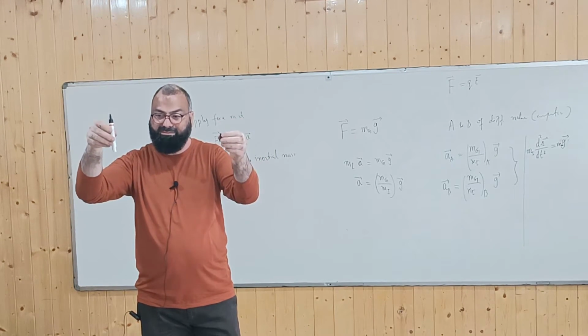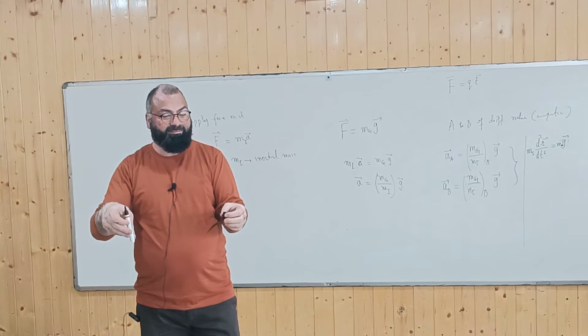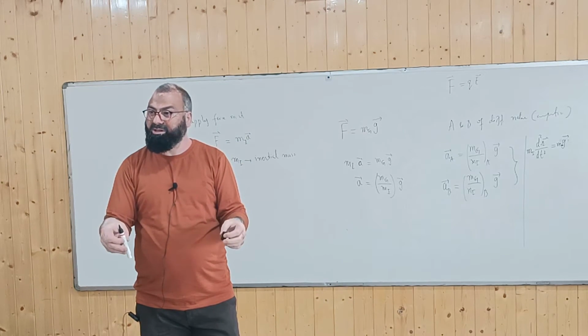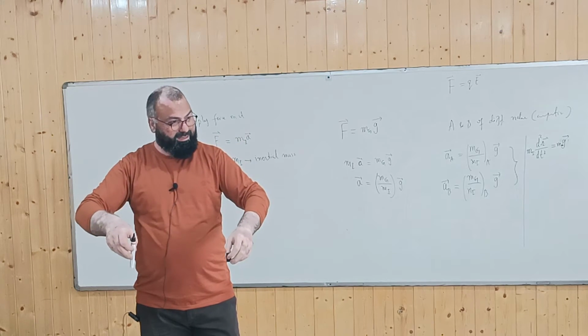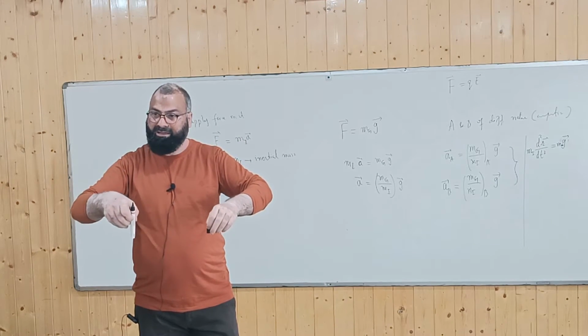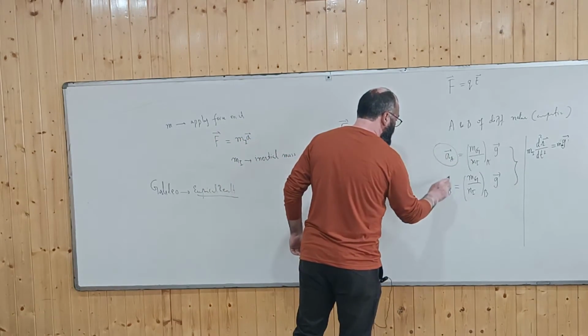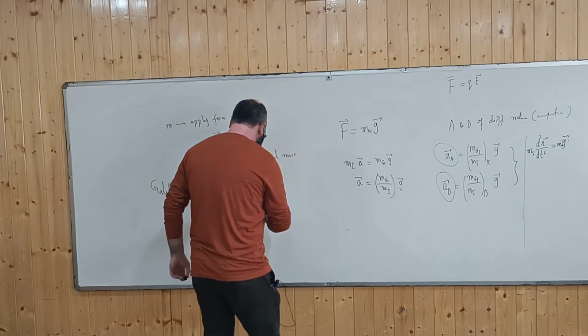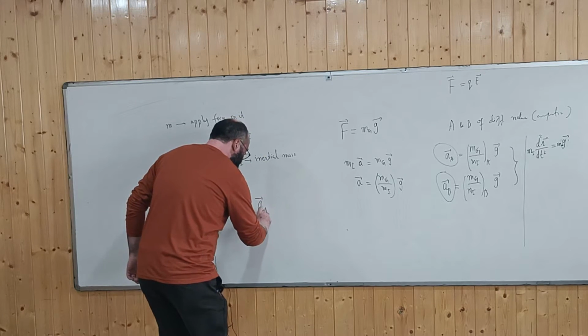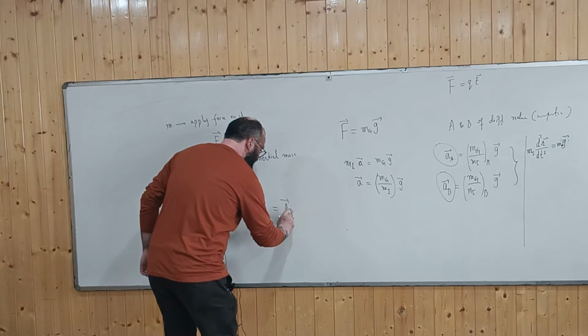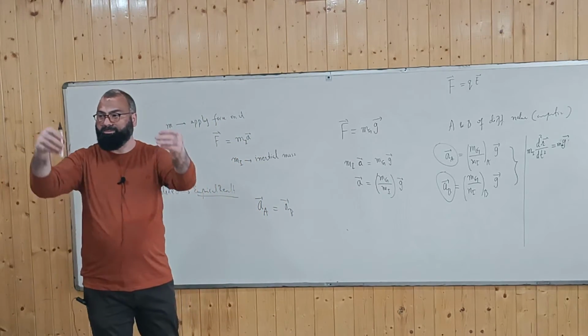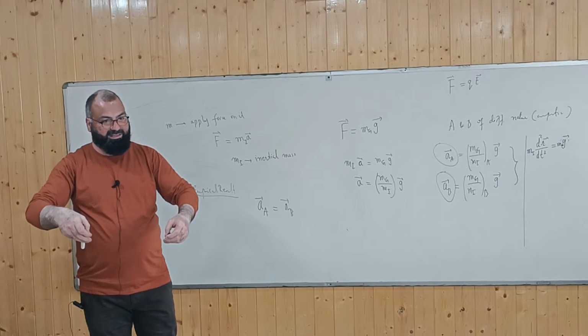So in a gravitational field, both objects will undergo the same acceleration. In other words, this AA and this AB should be the same by Galileo. If you drop two objects, they will fall with the same acceleration. Clear?